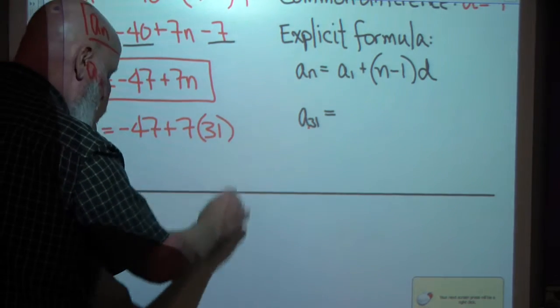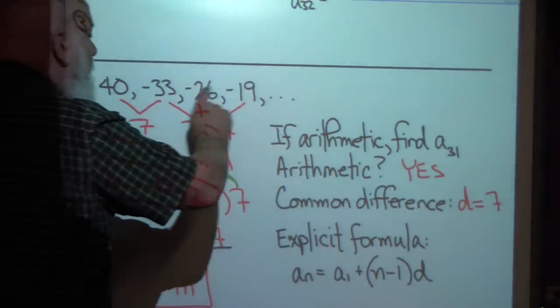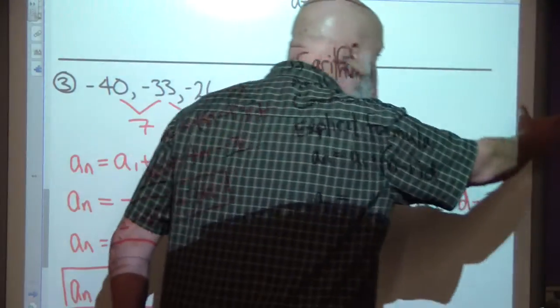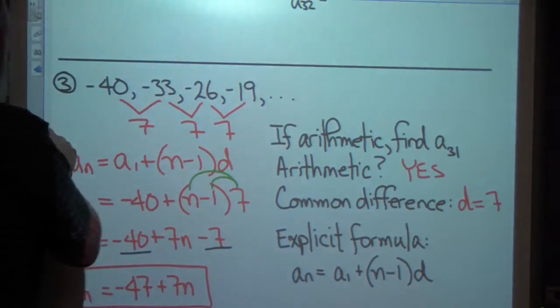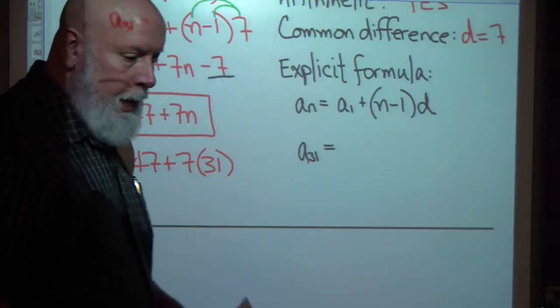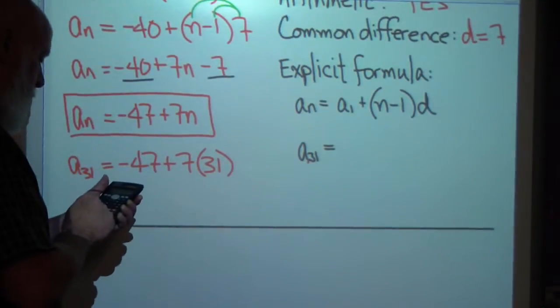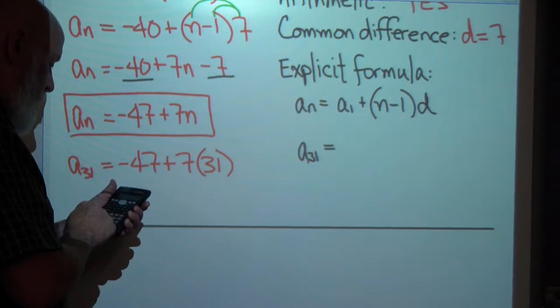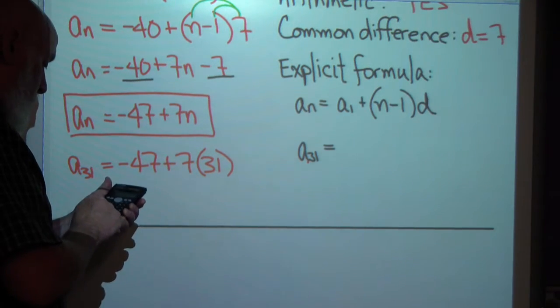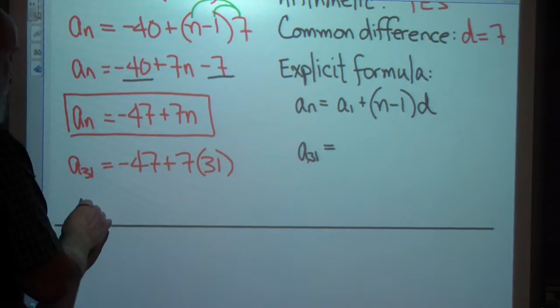And that will tell me, if I do my arithmetic correctly, if I keep adding 7 until I get 31 terms, the 31st term will be whatever I get here. So let's see what that'll be. 7 times 31. I'm going to subtract 47 from that. 170, if I haven't made any mistakes.